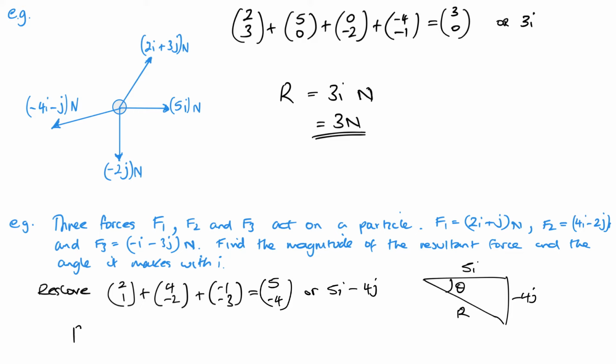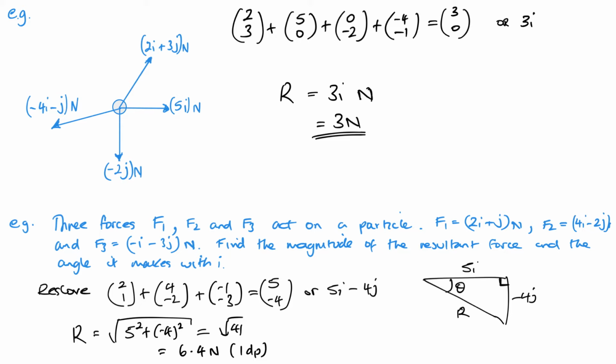To find r is just simply Pythagoras. So it's going to be the square root of 5 squared plus negative 4 squared, or just 4 squared would be fine. And that is the square root of 41, or in terms of decimals, let's go 6.4 newtons to 1 decimal place.